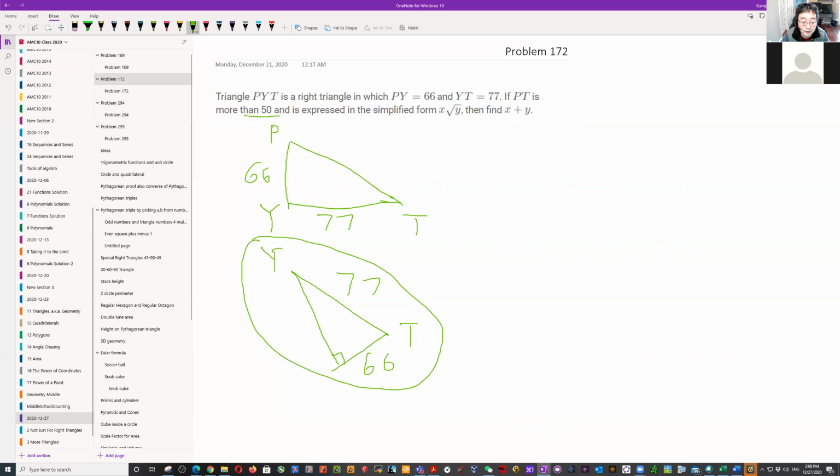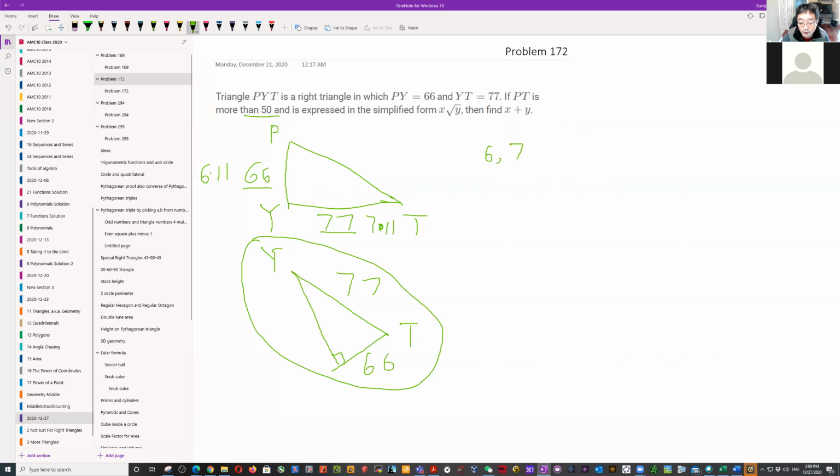If this is the case, we can write the sides with a scaling factor: 6 multiplied by 11 and 7 multiplied by 11. So we actually just deal with 6 and 7.